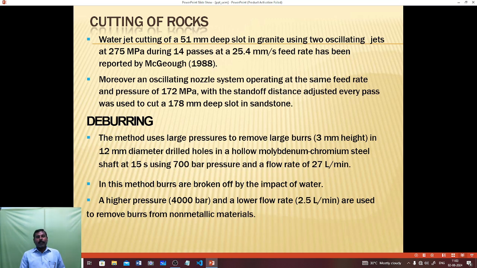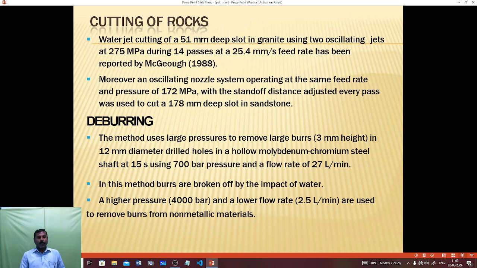Water jet cutting of a 51 mm depth in graphite using two oscillating jets at 275 megapascal during 14 passes at a 25.4 mm per second feed rate has been reported. Moreover, an oscillating nozzle system operating at the same feed rate at a pressure of 172 megapascal, with the standoff distance adjusted every pass, was used to cut a 178 mm depth.